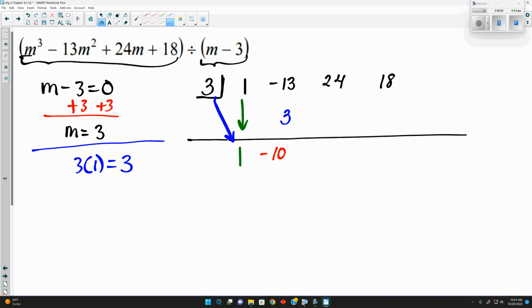Because now what we're going to do is 3 times negative 10. Three times negative 10 is? And we put that under the next number. Then we add straight down. 24 plus negative 30 is negative 6.